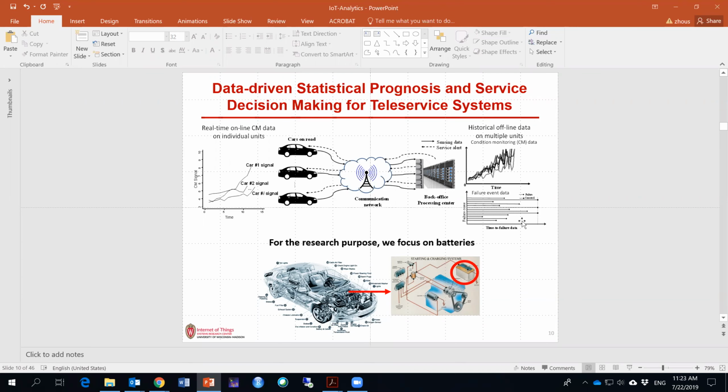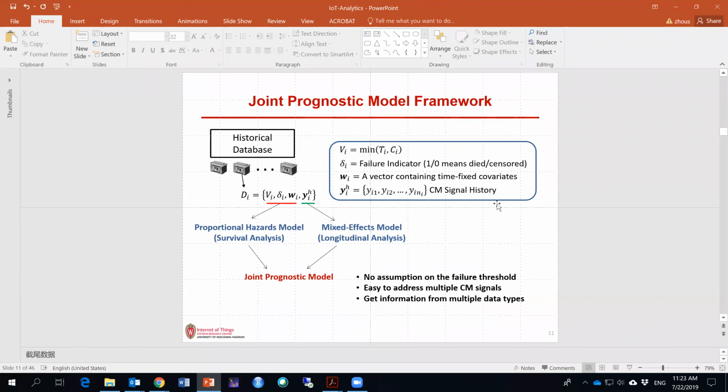So the idea is how can we incorporate those 2 types of data together, some real failure event data and some degradation signal data, so we can fuse the 2 data types together and make accurate predictions. So in this project, we propose a joint prognostic model.